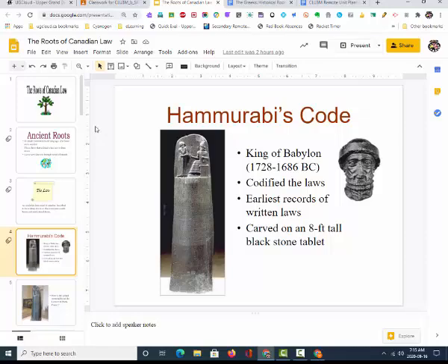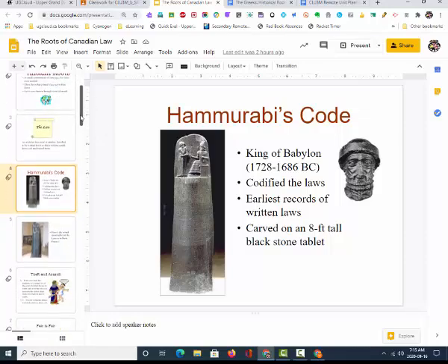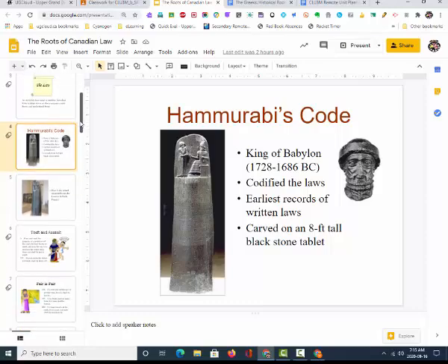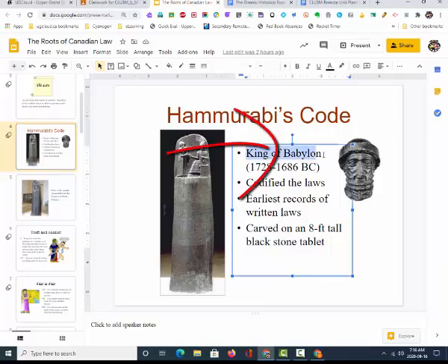The first piece of information that I must find from this entry is the civilization that used this code as a set of laws. I can see on the slide that it was the king of Babylon, Hammurabi, who helped create this code.